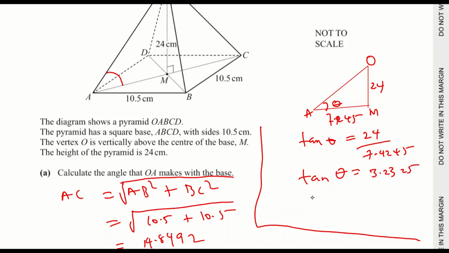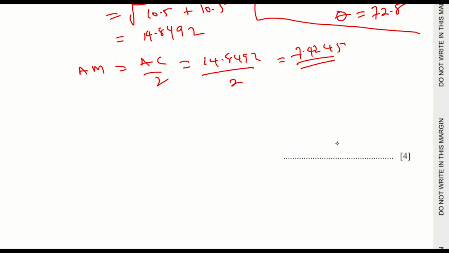Now take inverse of both sides, so theta equals tan inverse of 3.2325, and finally theta equals 72.8. So that will be the value of theta.